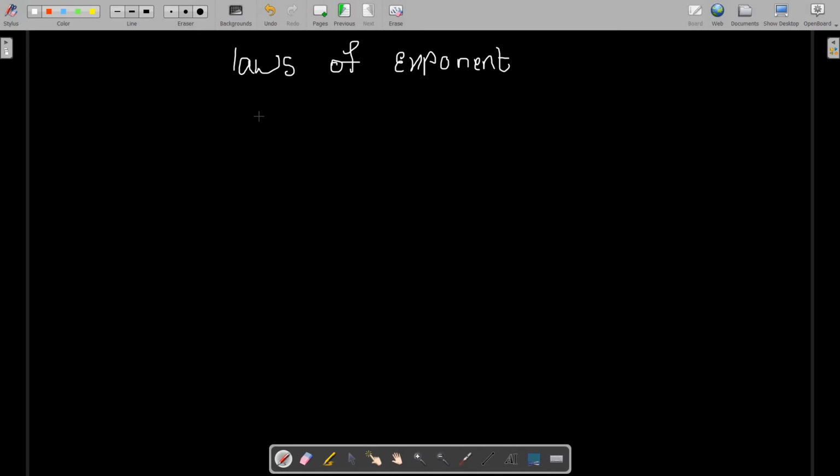So now we are going to start our class. Laws of exponents. What are laws of exponents? We know that an exponent is the short form of writing a big number. But here laws of exponent means the rules and regulations, the properties and the products, everything which is involved in the laws of exponent. It is the important topic in the exponent chapter.